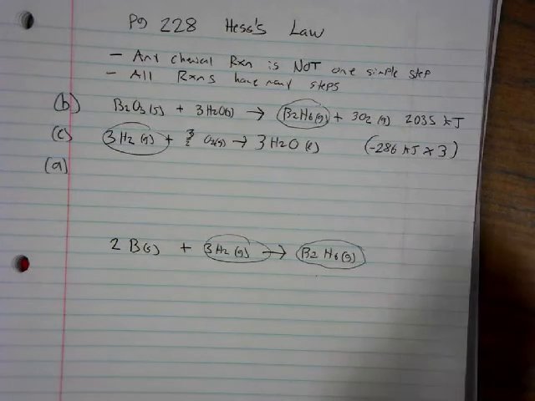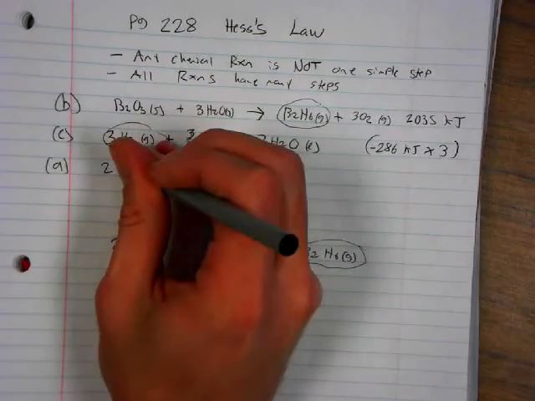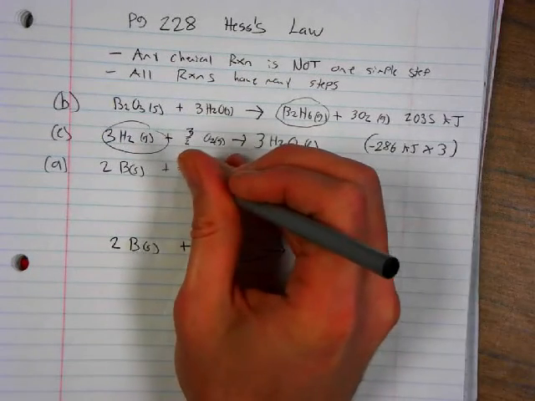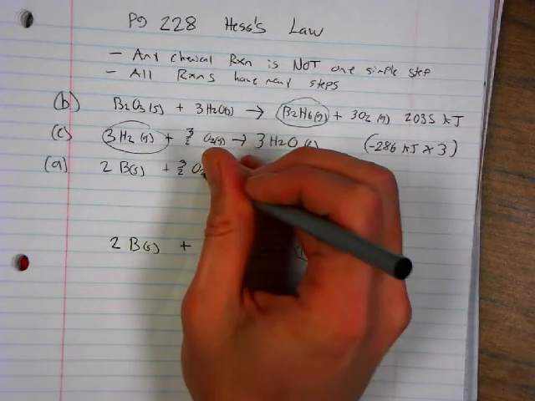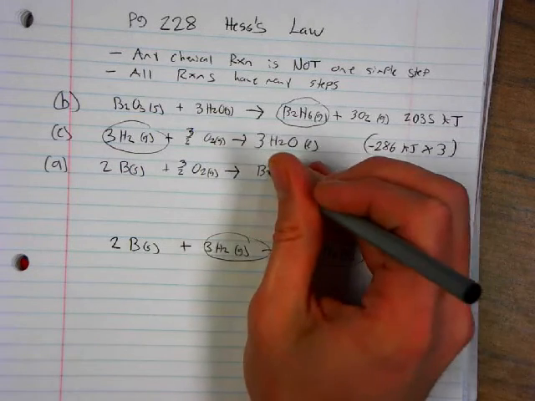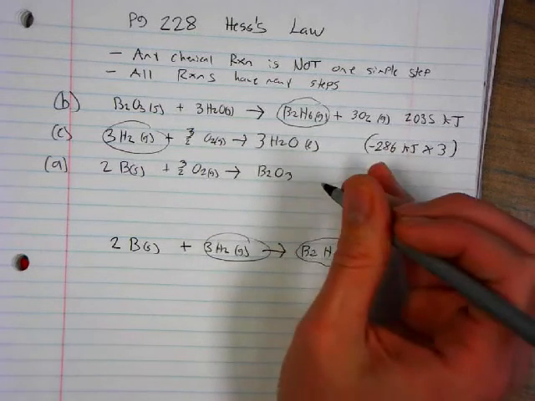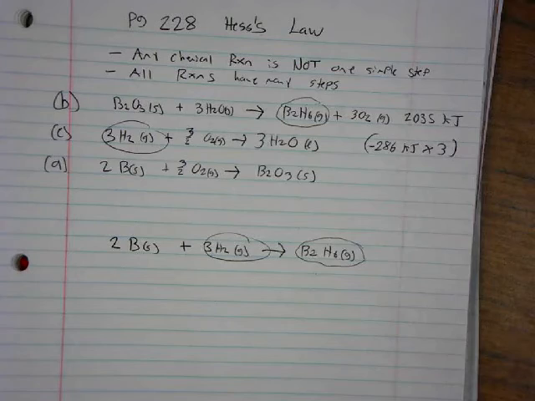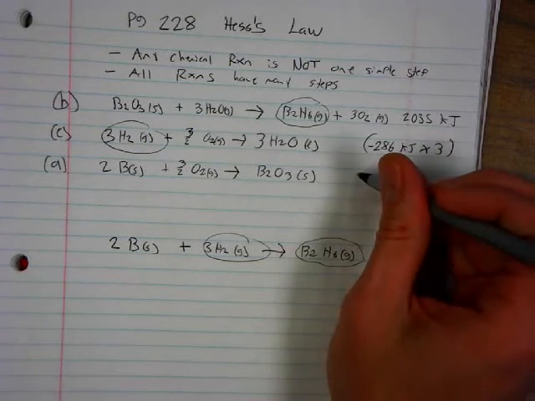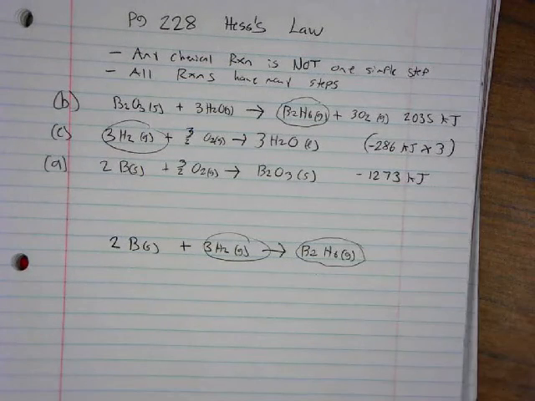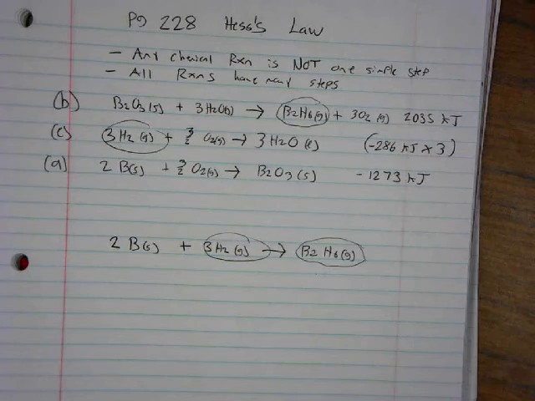Let's go for 2B next. Do I have 2B anywhere? Yes. Reaction A. So here's reaction A. I have 2B solid plus 3/2 O2 gas yields B2O3 solid.